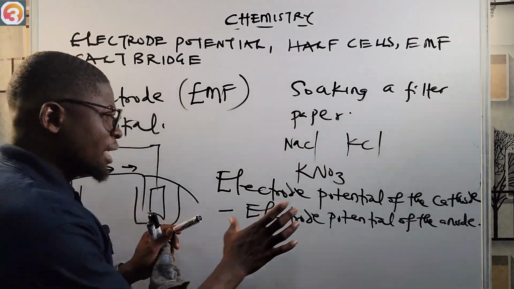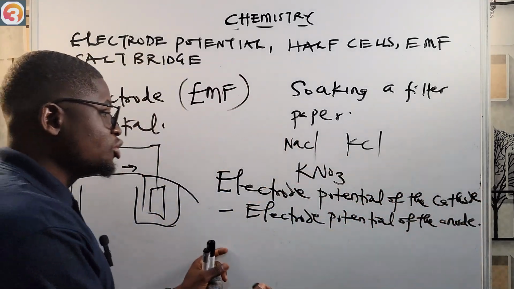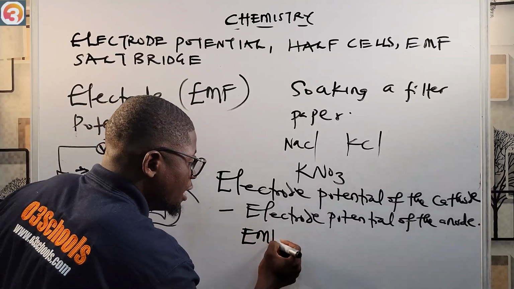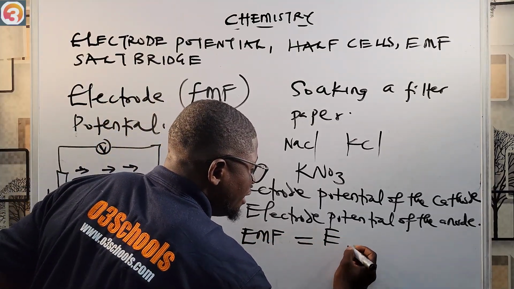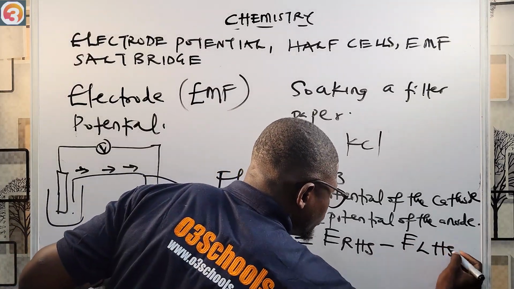So now it's important to know that this formula, the electrode potential of the cathode minus the electrode potential of the anode, can still be translated to be equal to what now? EMF is equal to E_RHS minus E_LHS.